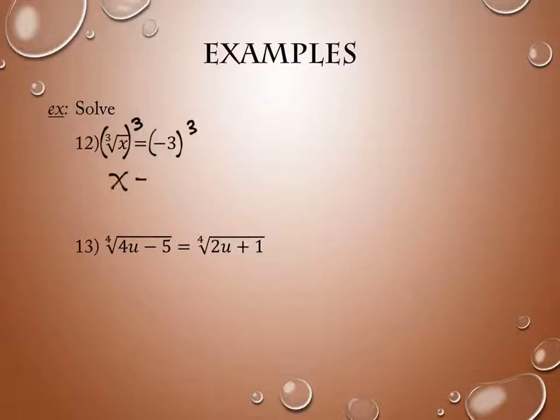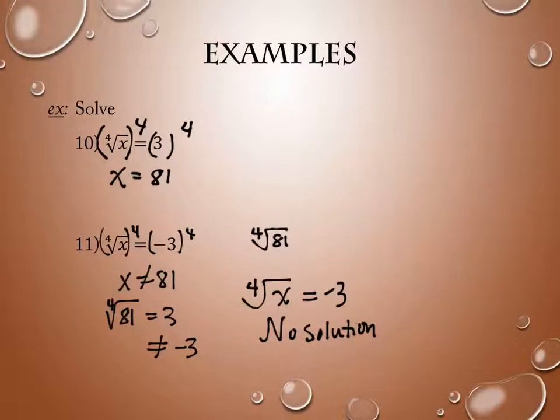I'd have x on the left, and then on the right I'd have -3 times -3 times -3, which gives me a what? A -27. So the interesting thing with odd powers is that you can still get negatives because you're multiplying them an odd number of times, and that can't happen when you use even powers. So over here, even indexes, if I took a 6th root, I can't get a negative.